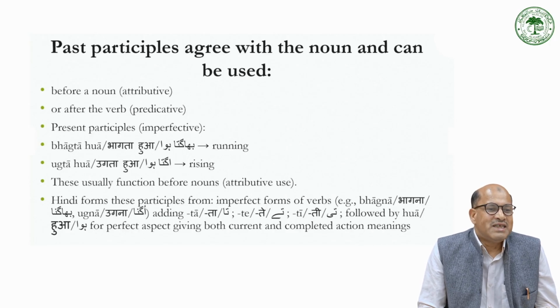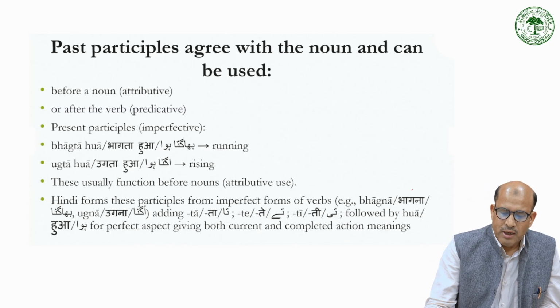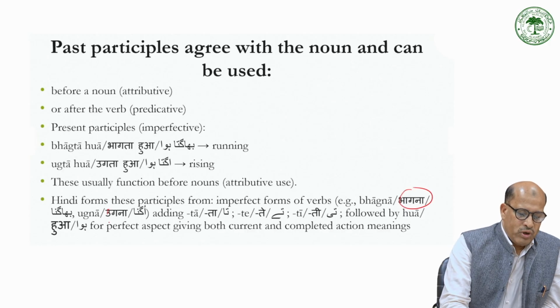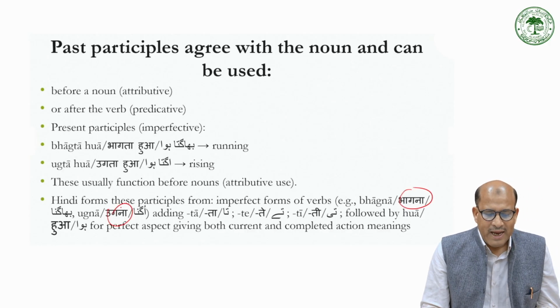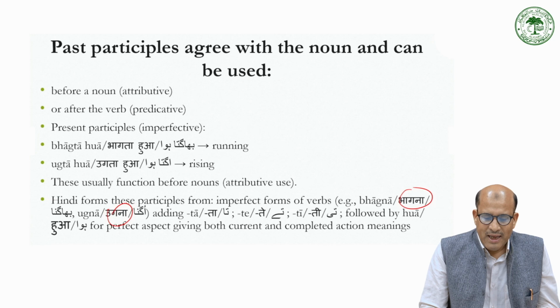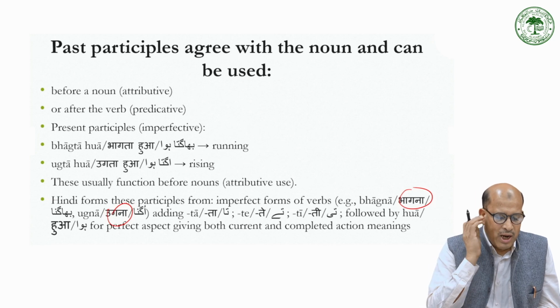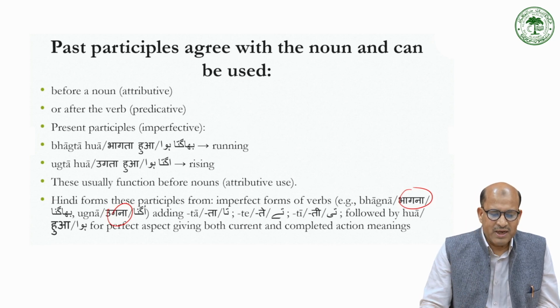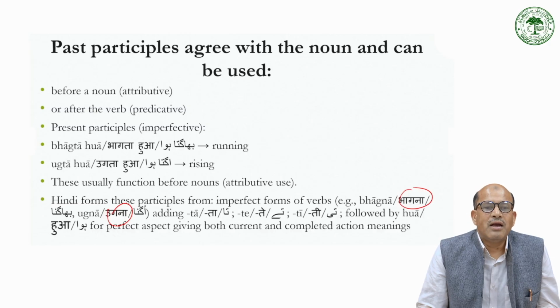Hindi Urdu forms these participles from the imperfect form of the verb. For example, bhagna, ugna, adding ta, te and ti followed by hua for perfect aspect, giving both current and completed action meanings.